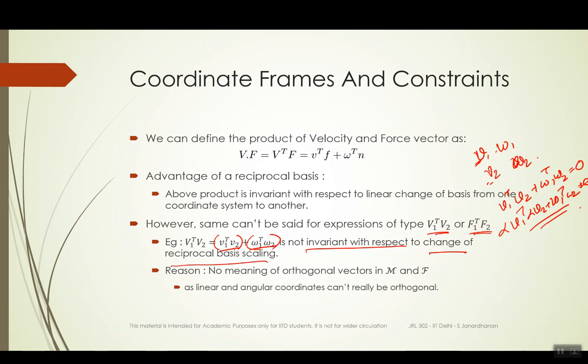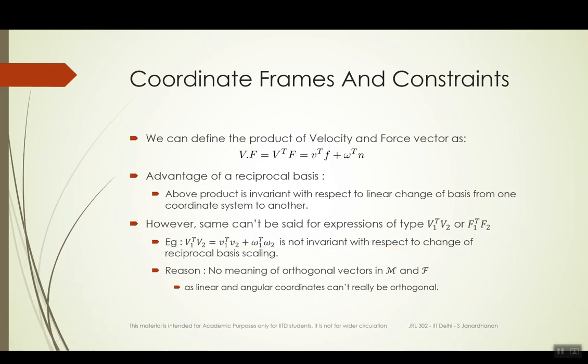Okay, and in a more basic sense, what this all means is that this sort of expression doesn't really make sense. When you say v transpose f, a velocity times a force, or an angular velocity times a moment, they make sense.